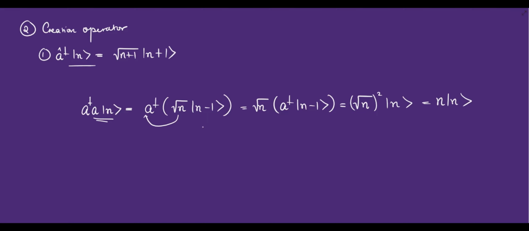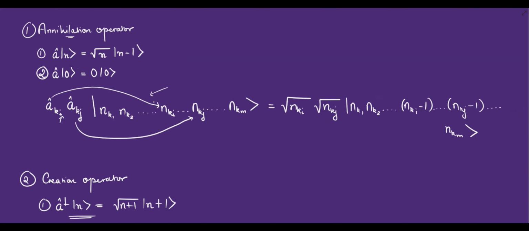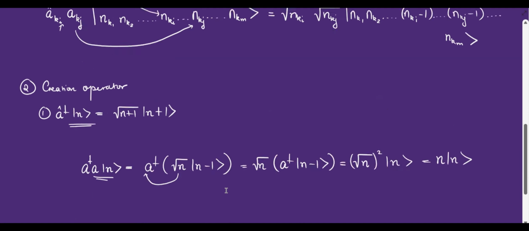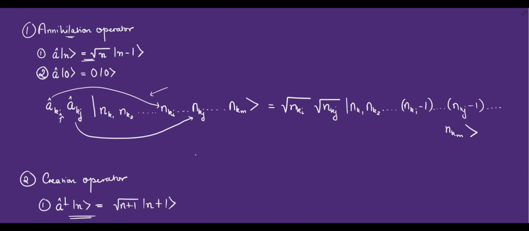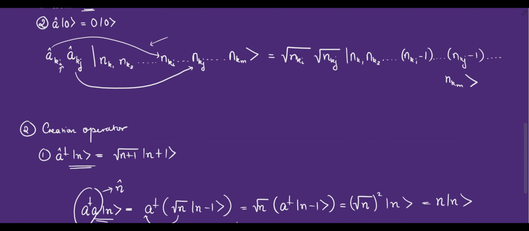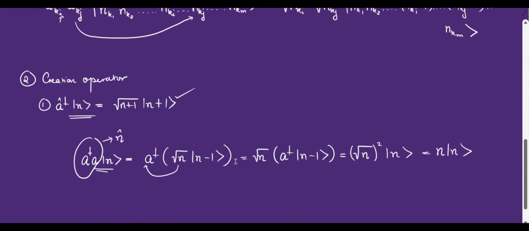So this decomposition is justified by our definition of what this operator a dagger a, which we also call n cap, does. So now we understand what the annihilation operator and the creation operator do when they act on a number state.